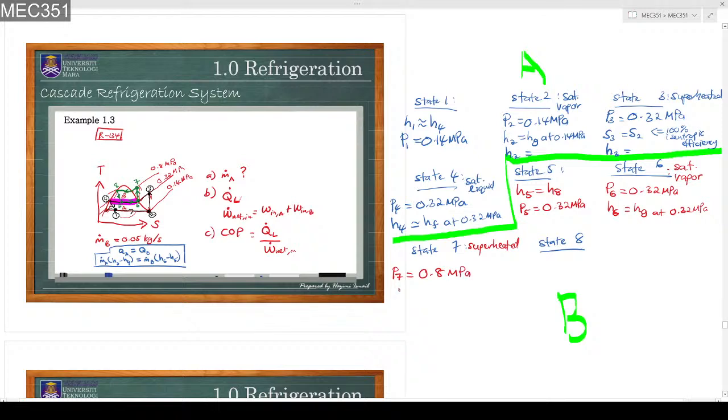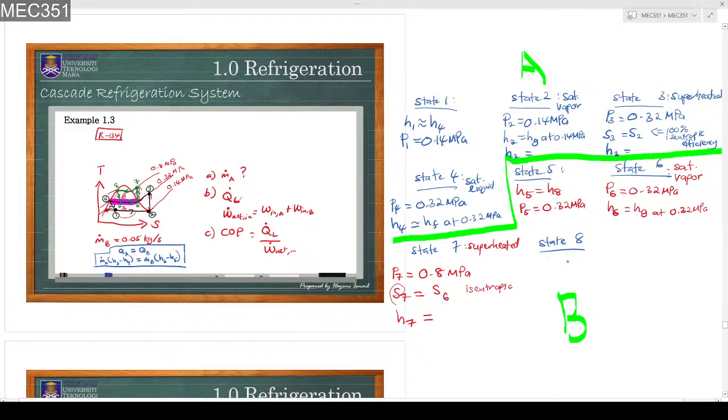And entropy 7 will be similar to S6 because it is an isentropic process. Isentropic process happens in mechanical devices such as a compressor, pump, or turbine. So in this question, it says that it is the ideal vapor compression cycle, so we can assume the isentropic process is 100%, and S7 will be equal to the S6 value. And from this information, we have to find H7s.